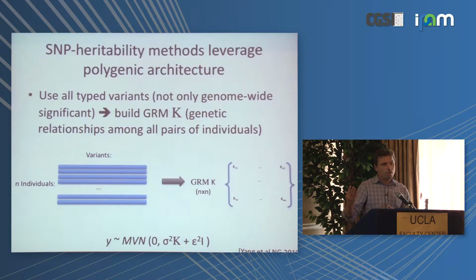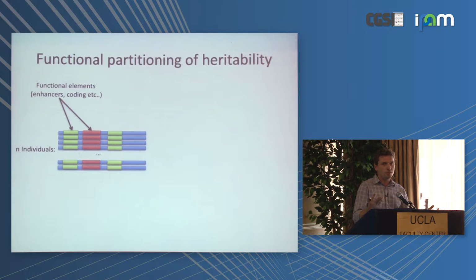And you see why this makes natural sense if we think about a functional partition of the genome, because now, by looking at pairs of individuals, we can ask whether they're more similar or dissimilar at specified locations in the genome, right? So we can ask, for example, whether two individuals tend to be more similar than two random people in the population at coding regions versus enhancer regions, right?